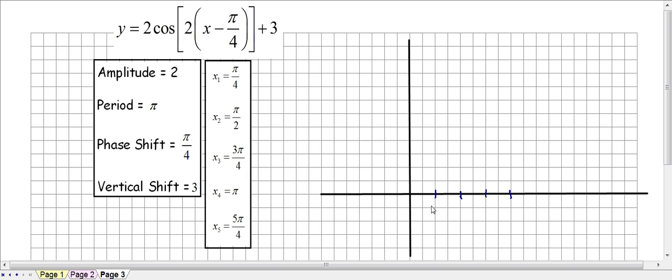So I'm going to call this pi fourths. One pi fourths. This one's pi halves. 3 pi fourths. And 4 pi fourths. That's going to be pi. And then finally 5 pi fourths.